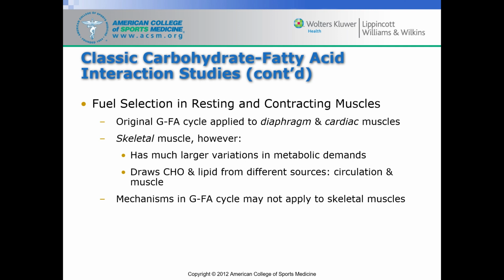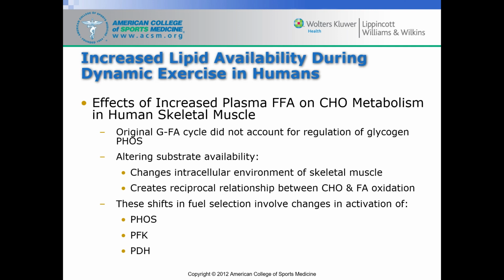With these things in mind, there are probably mechanisms in the glucose fatty acid cycle that we think of in the Randall cycle that don't apply to skeletal muscle, and things that we have never really thought of, at least back in the 60s, based on Randall's work. Luckily, it has been advanced since then.